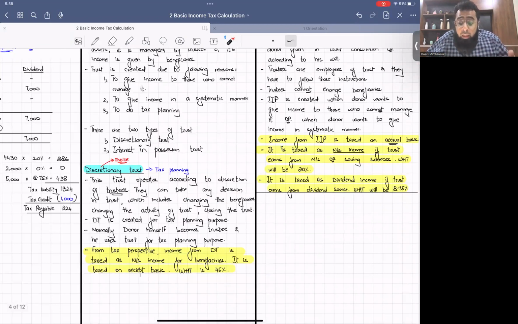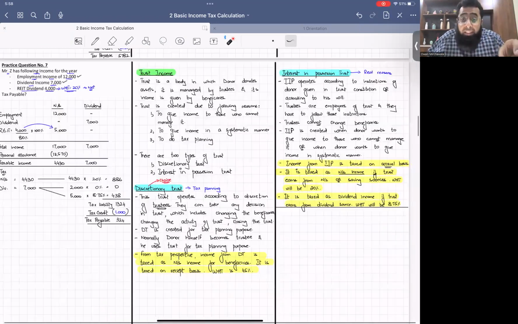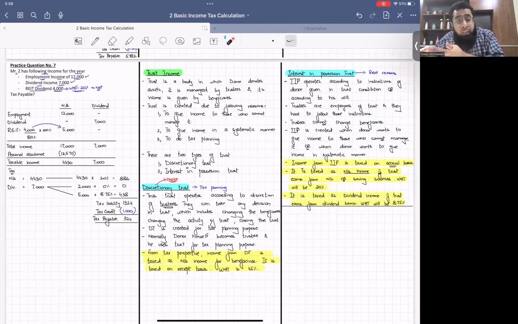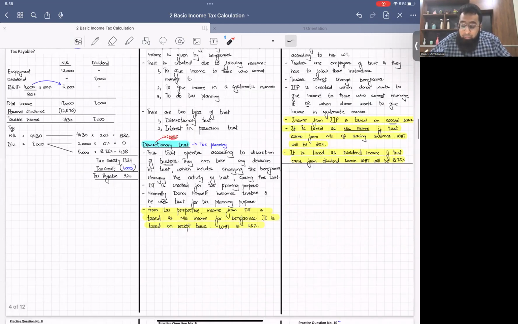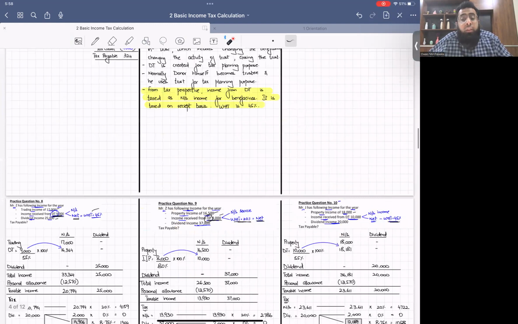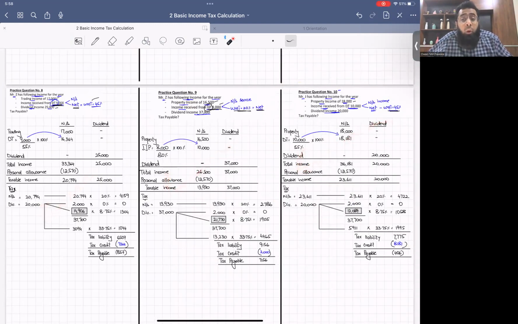It is a body in which the donor is giving the assets managed by the trustees for the benefit of beneficiaries. Discretionary trust, interest in possession trust. And then we did these three practice questions to give you clarity on the approach on the calculation aspect. I particularly believe that there is nothing difficult in it.